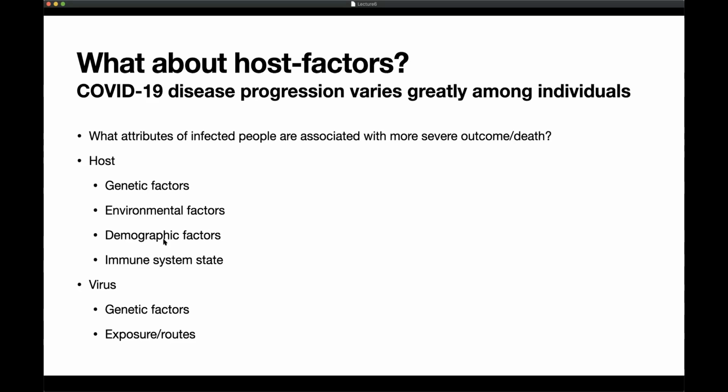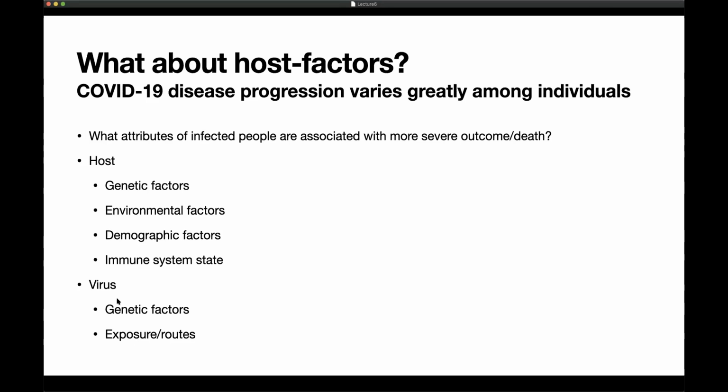Demographic factors, you see them mentioned, but usually demographic factors are a combination of genetic factors, if you're talking about, say, ethnicities defined in terms of genetic markers, for example, or environment. And you also have immune system state, which is kind of environmental, but not quite, because it has a genetic component, but we'll factor it out as a separate one.